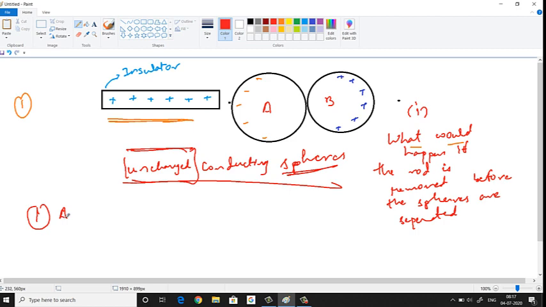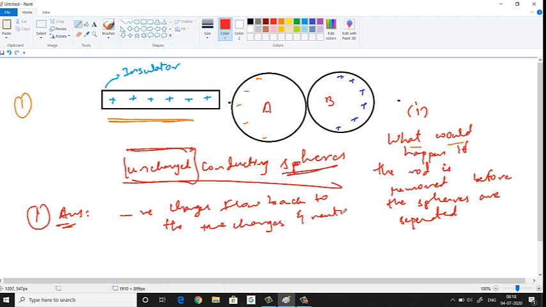Let me write: negative charges flow back to the positive charges and neutralize them, resulting in both spheres A and B becoming uncharged again.